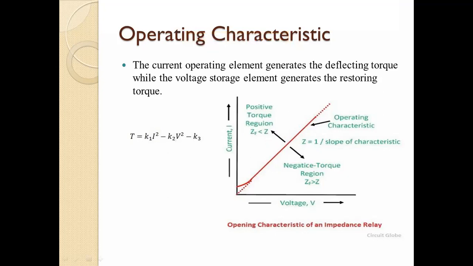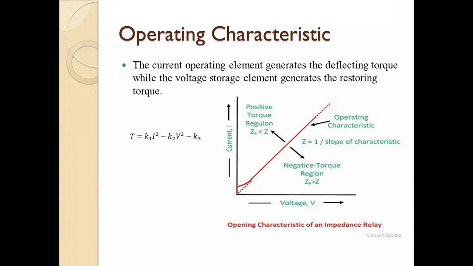When your fault impedance is less than your set impedance, meaning in that relay the impedance value is set, when your fault impedance is less than the set value of impedance, that time your relay will operate.